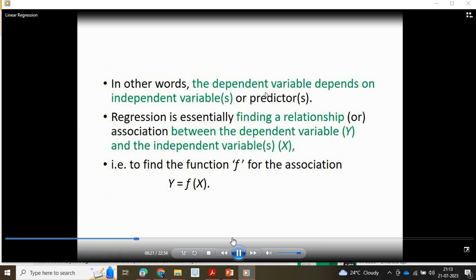So in other words, the dependent variable depends on the independent variables or predictors. Regression is essentially finding a relationship or association between the dependent variable and independent variable. So that means y is a dependent variable, x is an independent variable, y becomes a function of x.